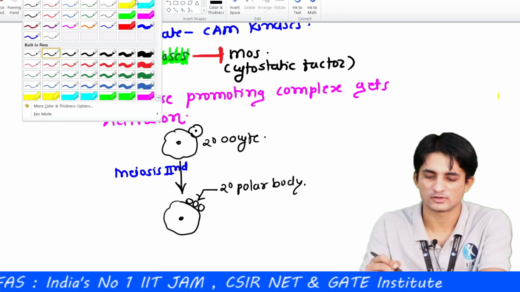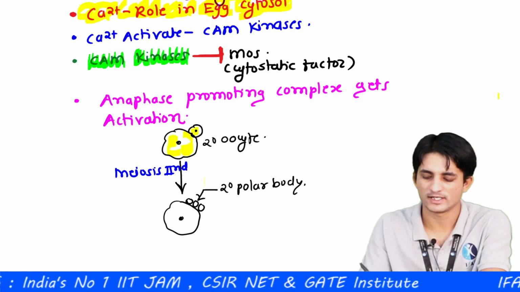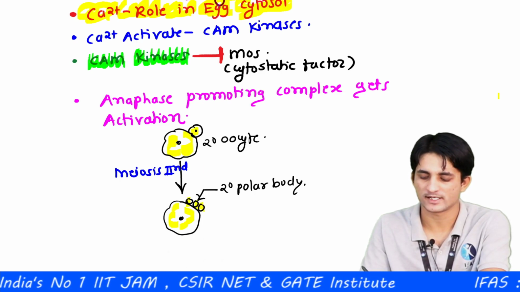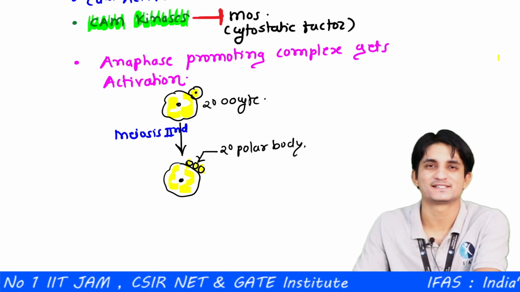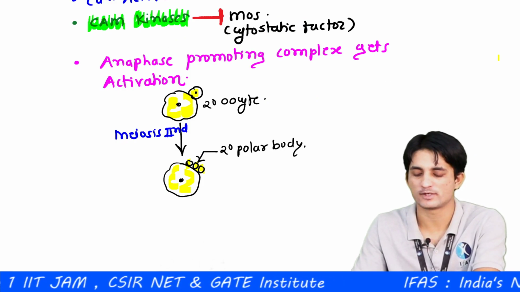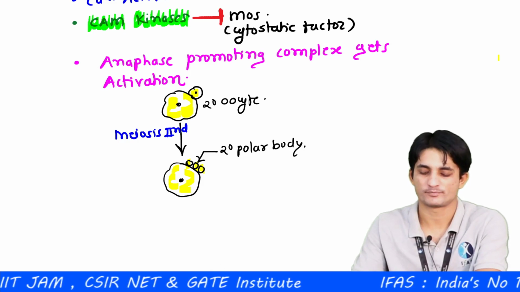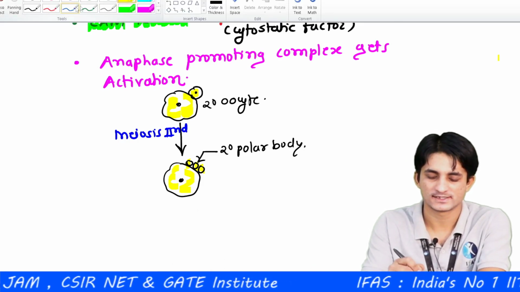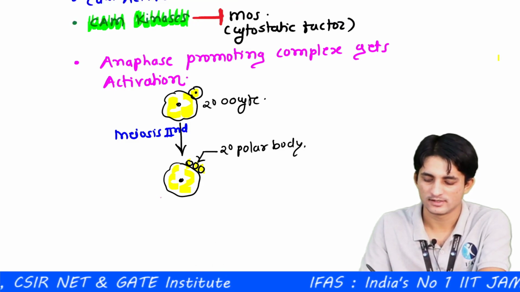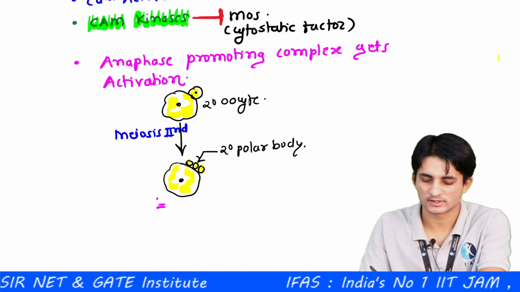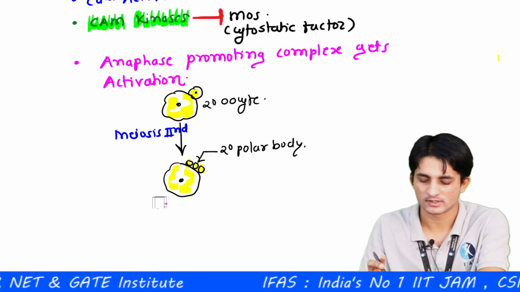Now here also unequal division occurs, so in the formation of the secondary polar bodies, 3 small cells are present, they are called secondary polar bodies, and 1 large cell is formed. This 1 large cell converts into the egg or ovum.